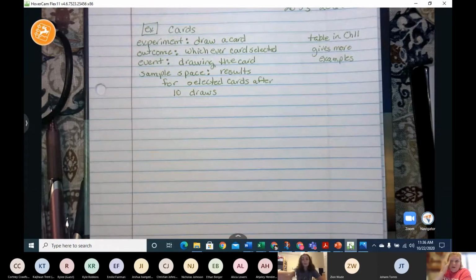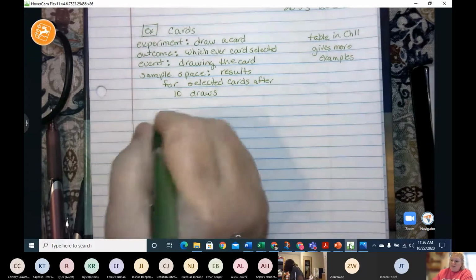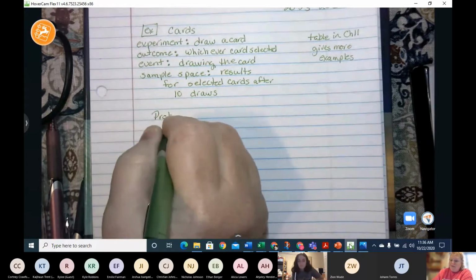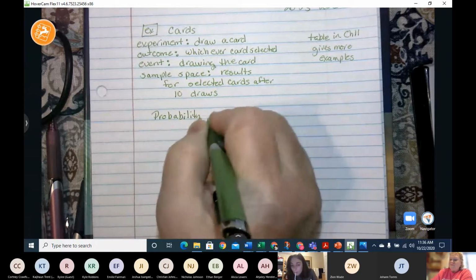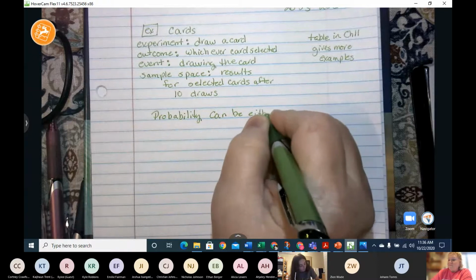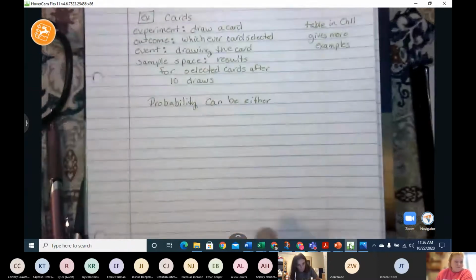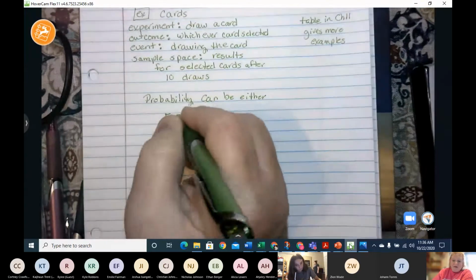All right. Probability can be considered in one of two ways. The first one is called empirical.